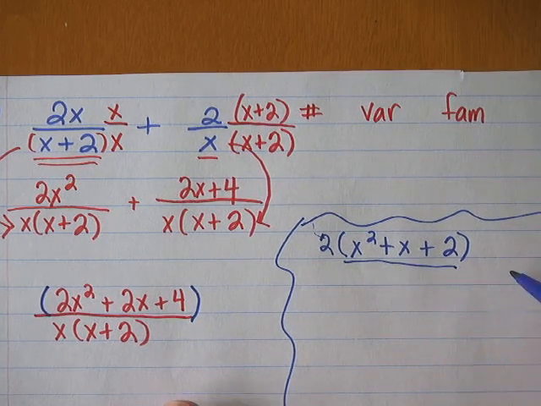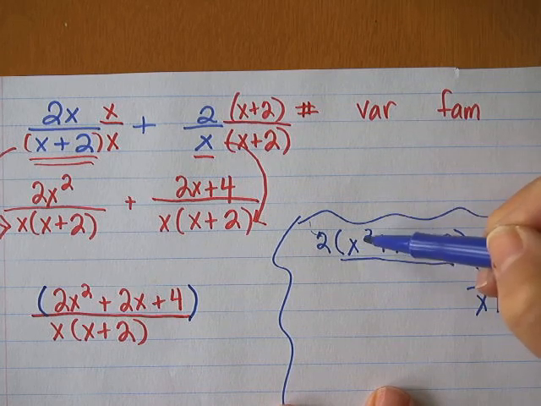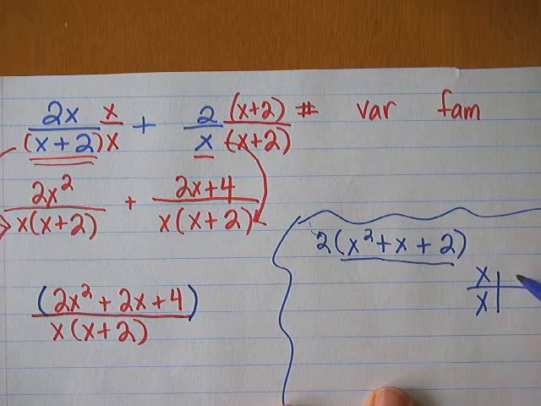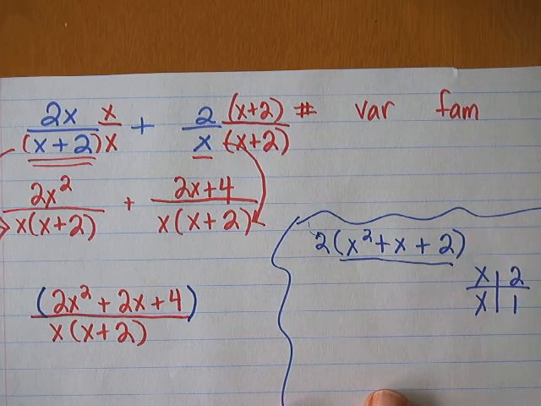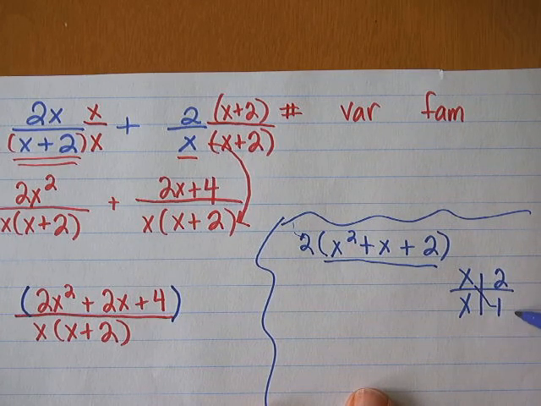So I'm going to try something. x times x gives me x squared. And 2, the only thing I can think of is 2 and 1, right? Because 2 times 1 gives me 2. But look what happens. If I multiply these two together, I get 1x. I multiply these two together and get 2x.